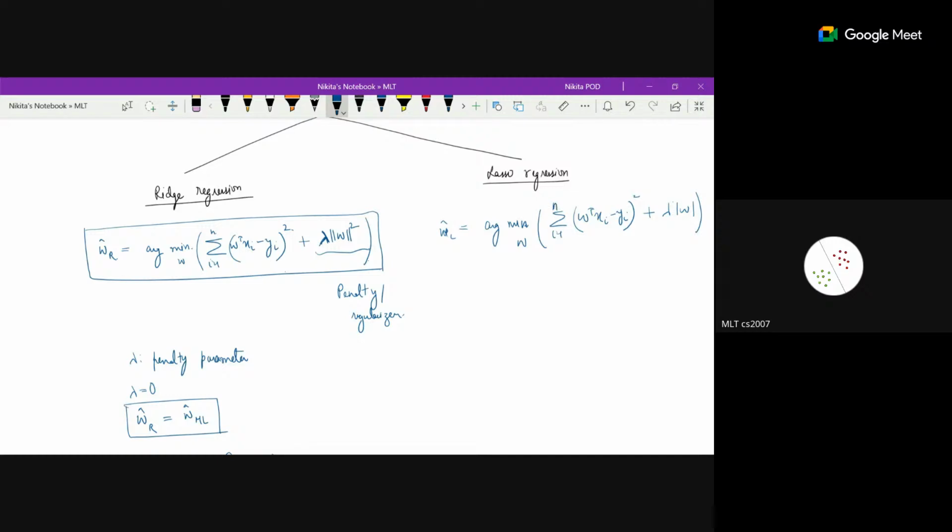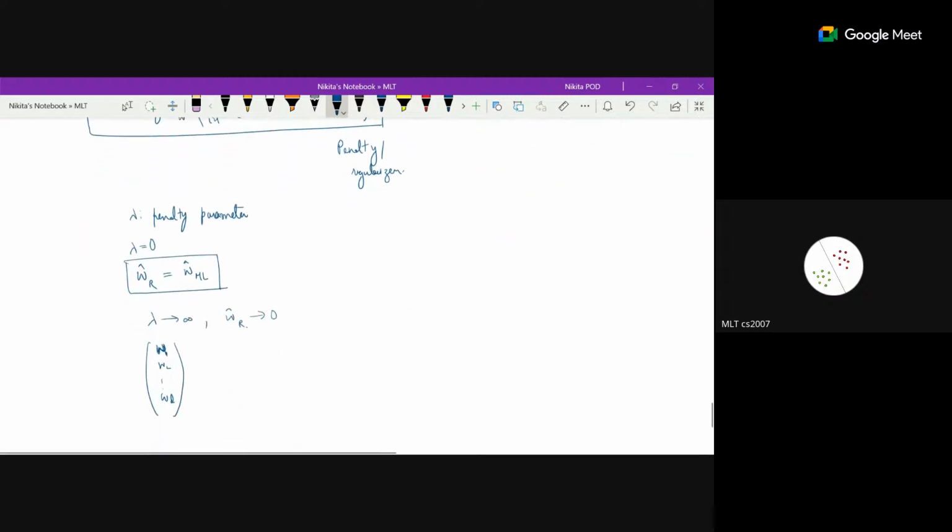Since in ridge regression my estimates are never equal to 0, what happens in lasso regression is that it makes sure that some of my estimates become exactly 0. So when we look at this W hat, you get some values over here. Whatever features are redundant, it will make that feature exactly 0. Let's say you have some 10 predictors in your data set, but not all the predictors are of use to us in predicting y, okay?